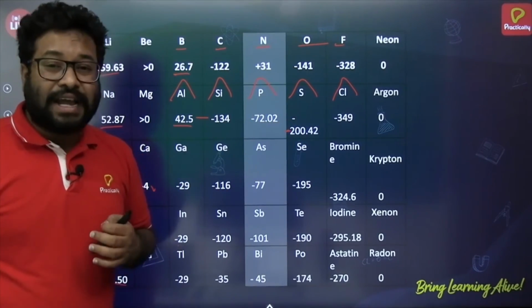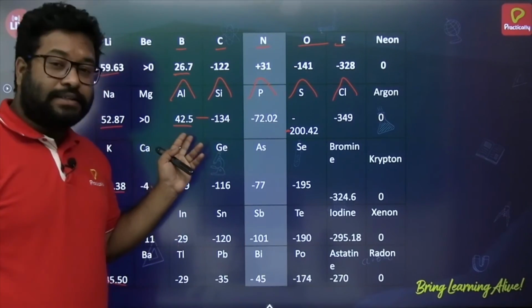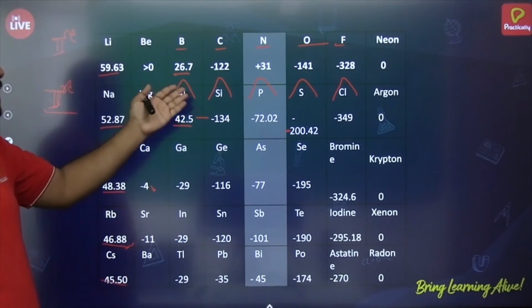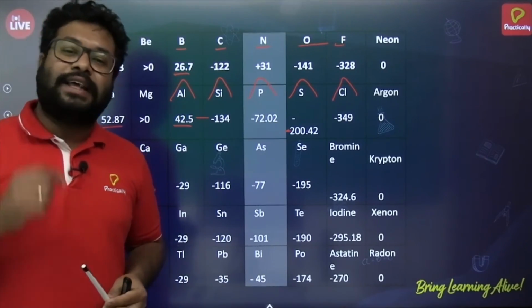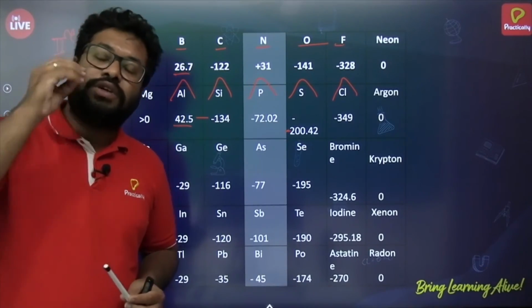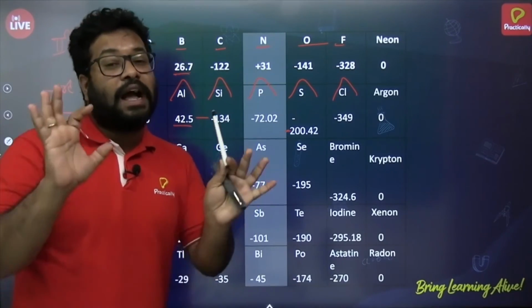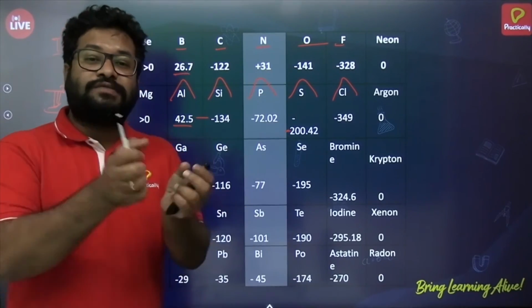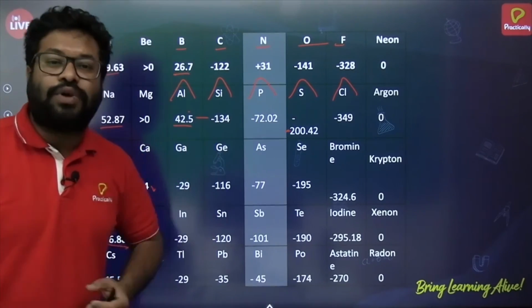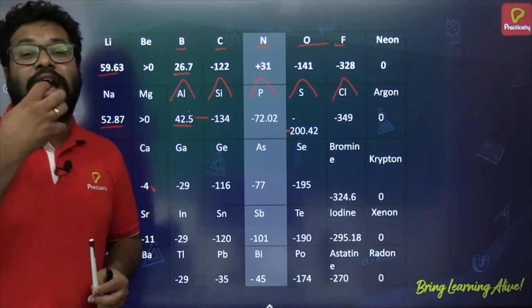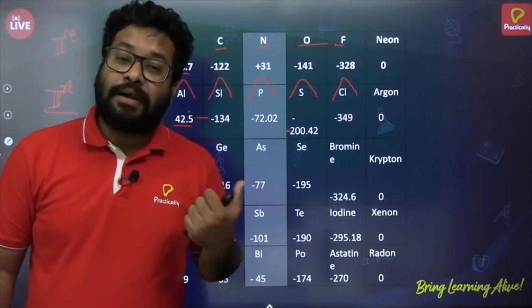But along with electronegativity, the size of your aluminum, silicon, phosphorus, sulfur, chlorine is obviously higher than their first member. So the larger size and considerably high electronegativity, both these factors contribute for these elements to have a higher electron gain enthalpy than their family members.